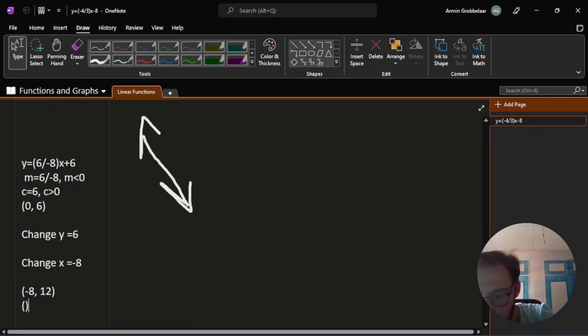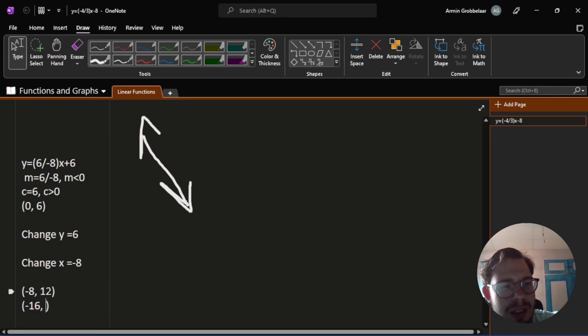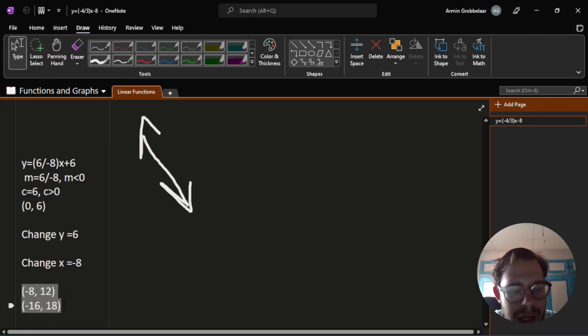Then for our final point, we say the change in x is minus 8, so minus 8 minus 8 is minus 16, and then the change in y is 6, so 12 plus 6 is 18. So there we have our 3 points: (0, 6), (-8, 12), and (-16, 18).